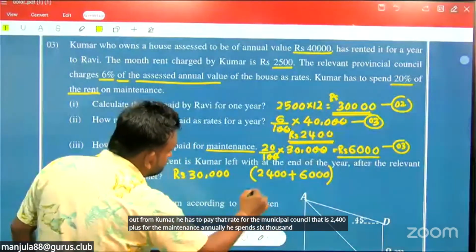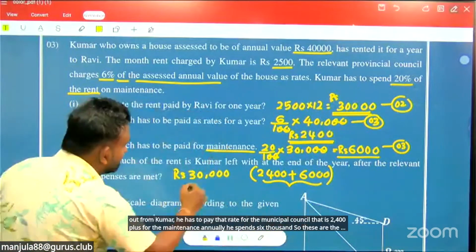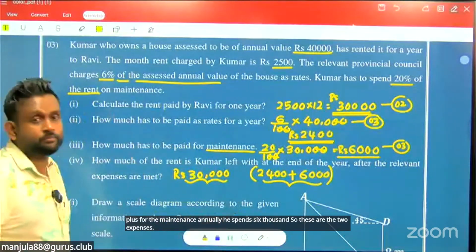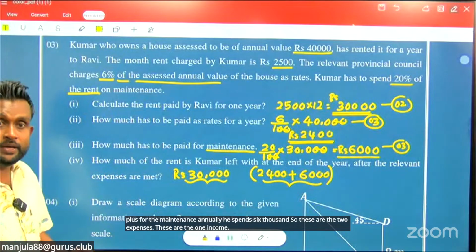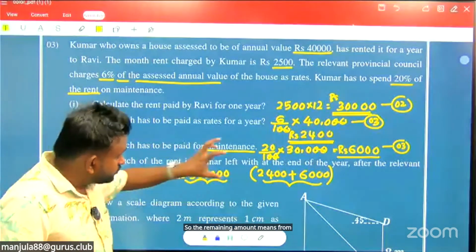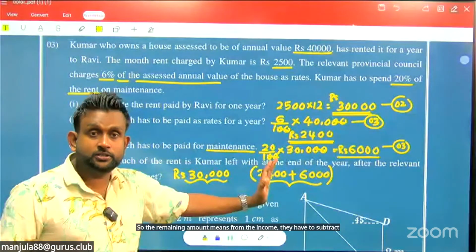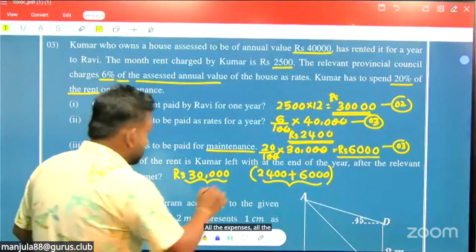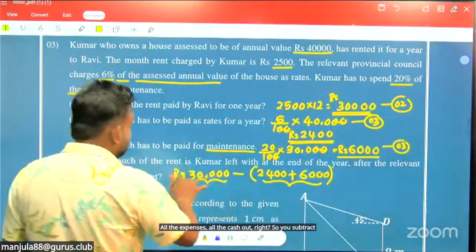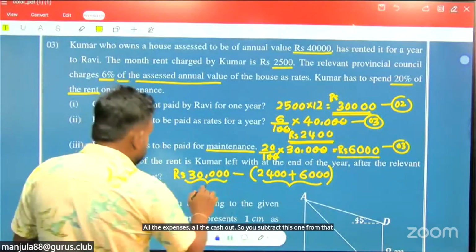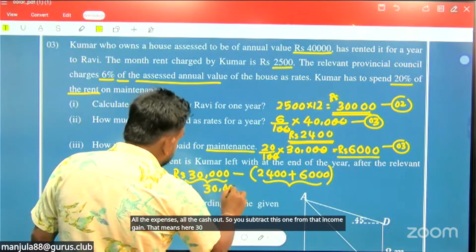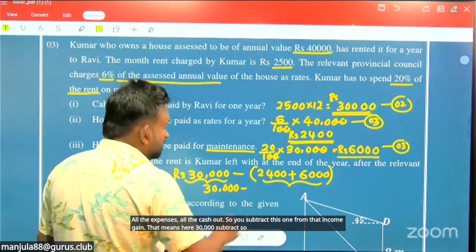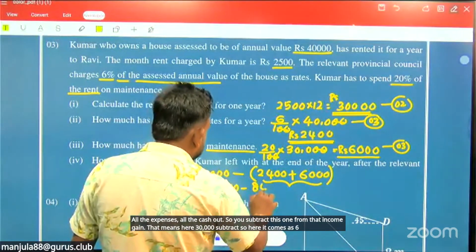So these are the two expenses and this is the one income. So for the remaining amount, from the income you have to subtract all the expenses, all the cash out. So 30,000 subtract 6,000 plus 2,400, that is 8,400.